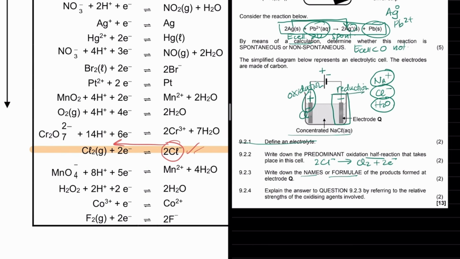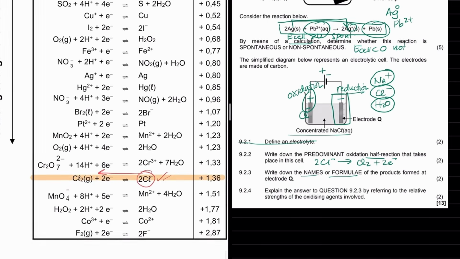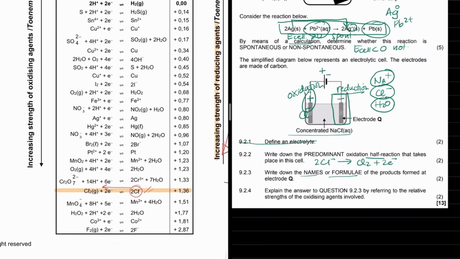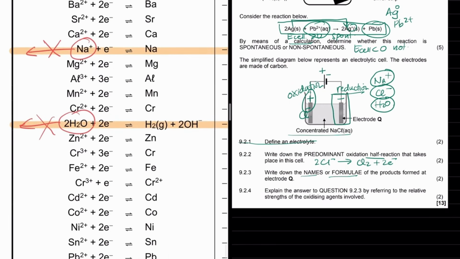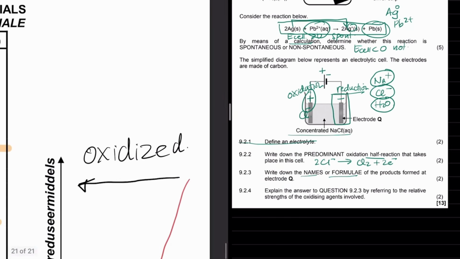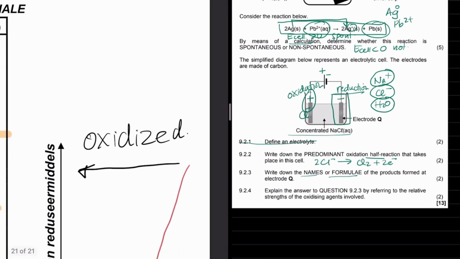So what we want to do now is look at which one is going to undergo reduction, which one is going to be a better oxidizing agent. If I look at my two reactions here, I want to see which one will undergo reduction. Remember, the one that's higher up is the one that's going to want to be oxidized.